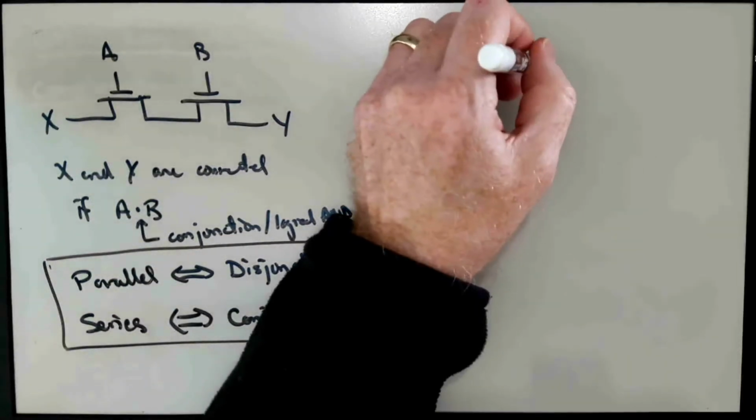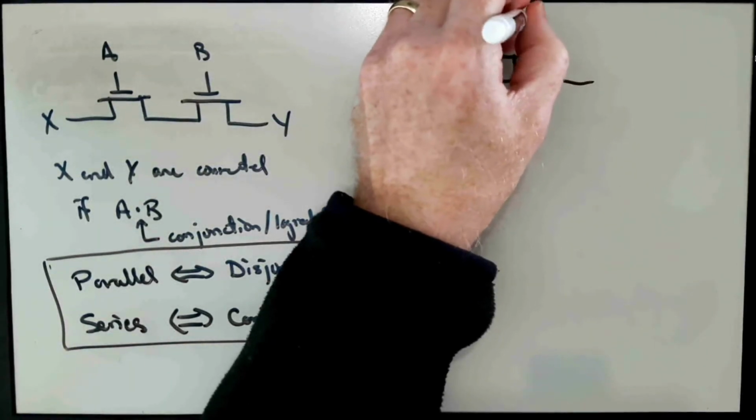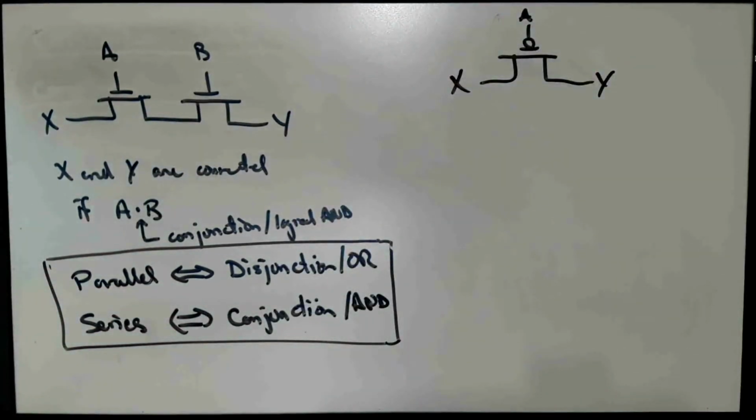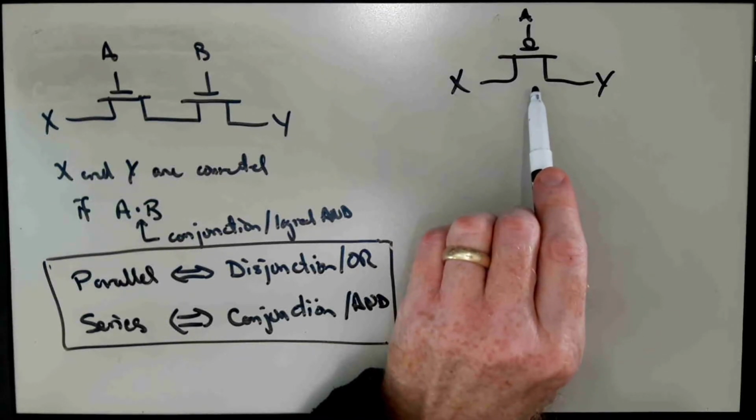What about for a Pmos transistor? Let's suppose we have a Pmos transistor here. In order to turn the Pmos transistor on, we have to make the gate low. Pmos transistors get turned on harder the lower we make the gate voltage. So if we make A 0, or logical false, which is typically represented by ground, then we will be turning this transistor on as much as we can by applying a voltage between the power supply rails.